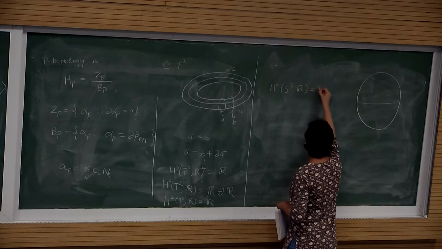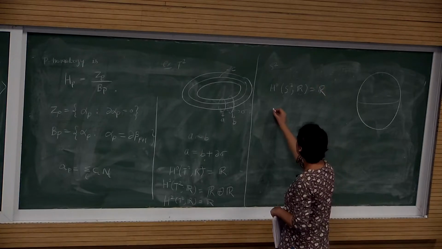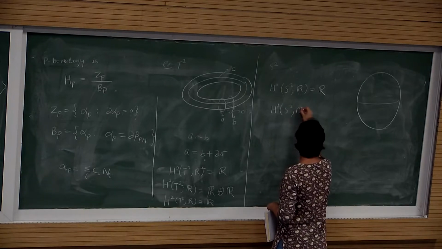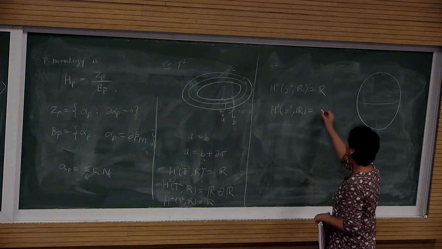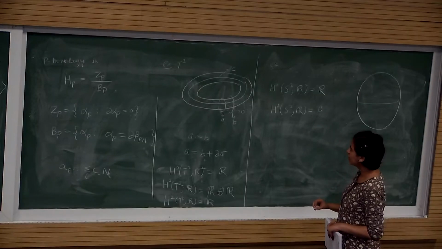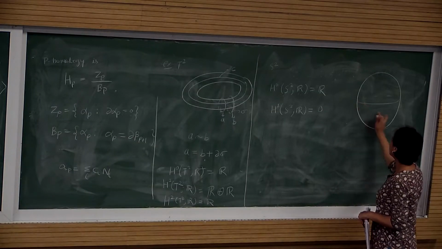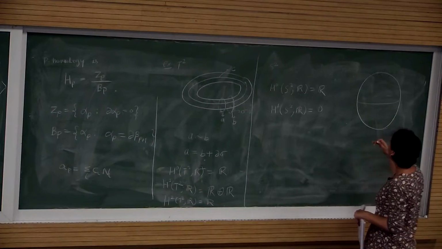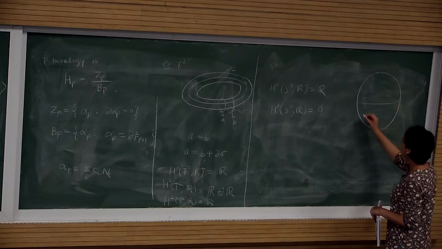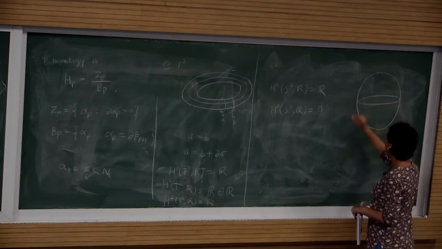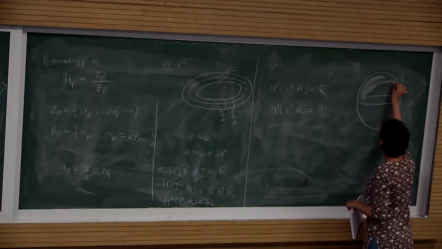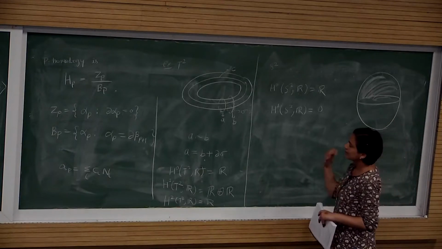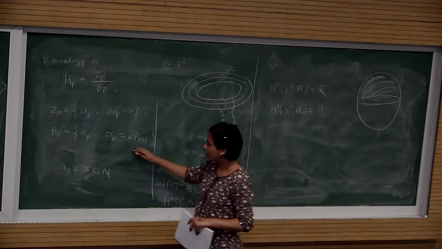So it's just R, and H1 is 0. Why? Because all the cycles which don't have a boundary can be written as the boundary of some two-dimensional surface. For example, if we take this circle here, I can write it as the boundary of either this hemisphere or the bottom one. So any one cycle can be written as the boundary of a higher dimensional chain.